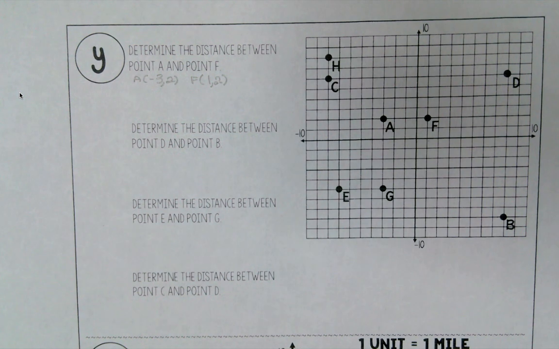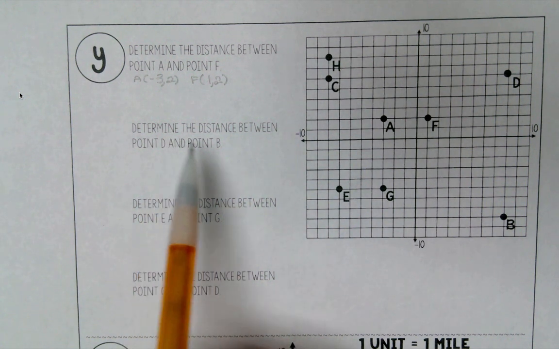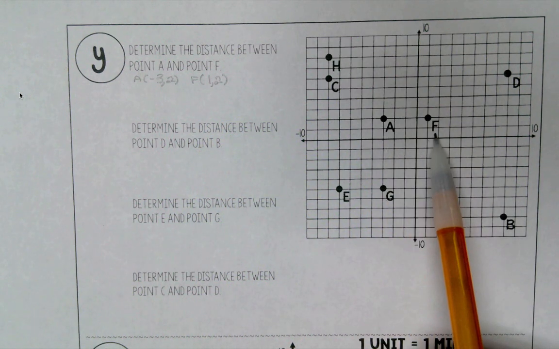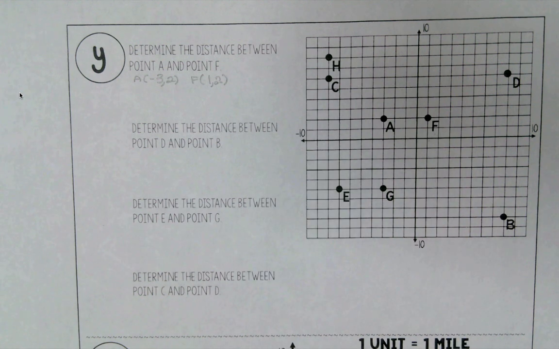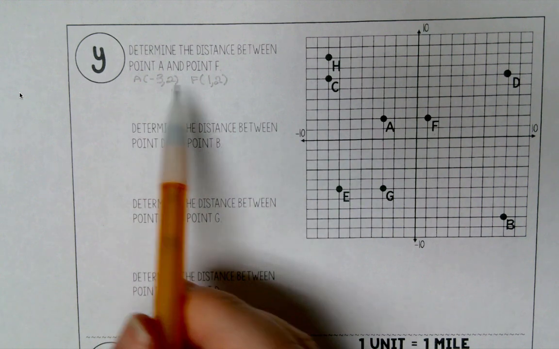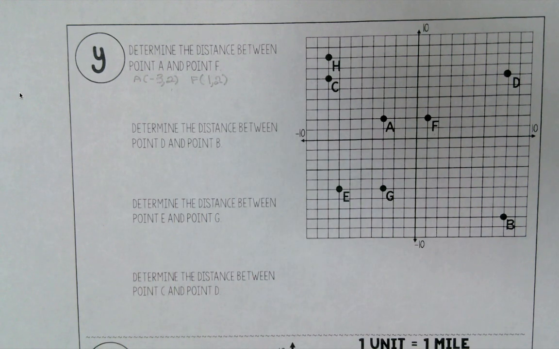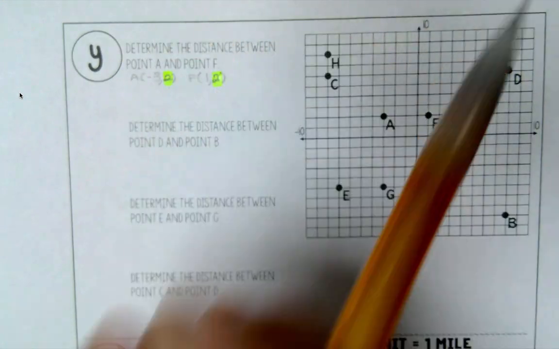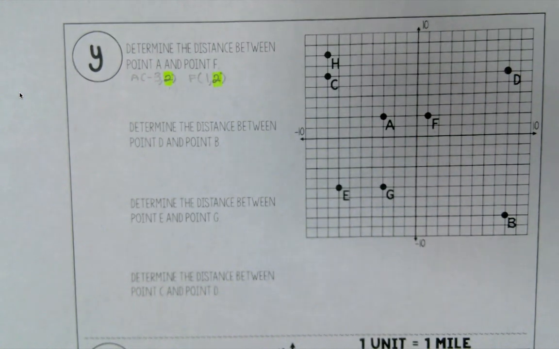Okay, so I have my points. Let's look at our first question. It says, are the 2 points in the same or different quadrants? A and F, they're different, so we're going to the right. What is the same? Are my X or Y the same? My Y is the same. Highlight those. Those are the same, so I want you to focus on my X's, okay?